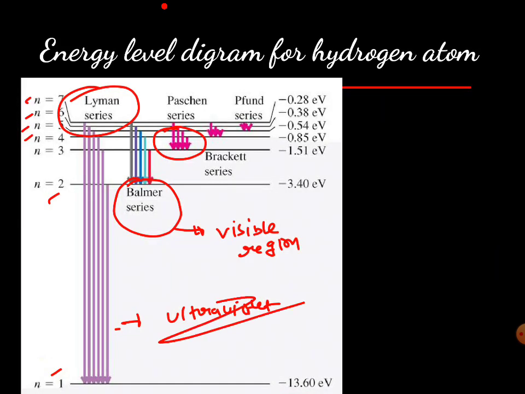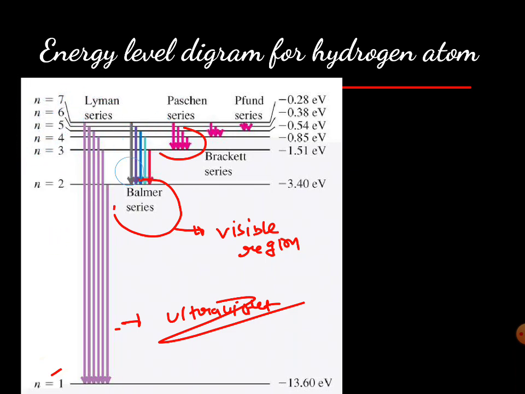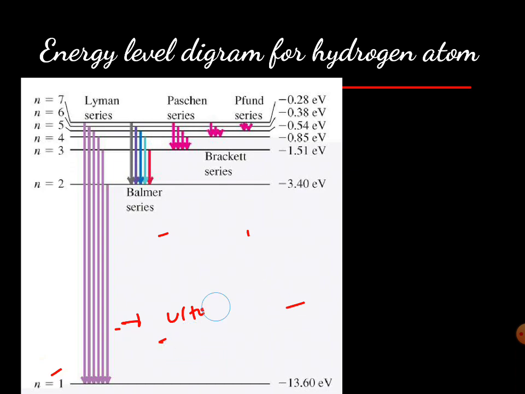You can see this diagram here. You will also find it in your textbook. You can see some energy gap between the first and the second orbit. Whenever the electron makes a transition from a higher energy state to a lower energy orbit, it releases some electromagnetic waves. From any orbit to the first, it is the Lyman series, which is in the ultraviolet region.